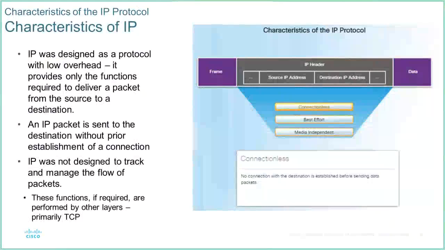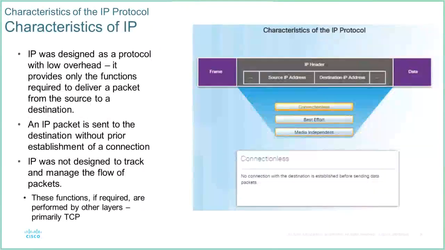So what are the characteristics of the IP protocol? It is connectionless, best effort, and independent of all the media that it is transported across. So what does that mean?